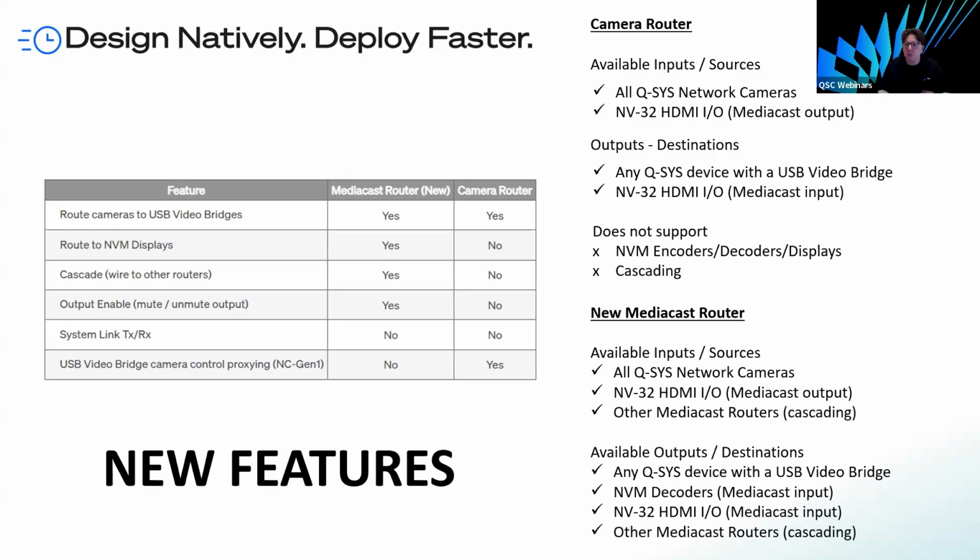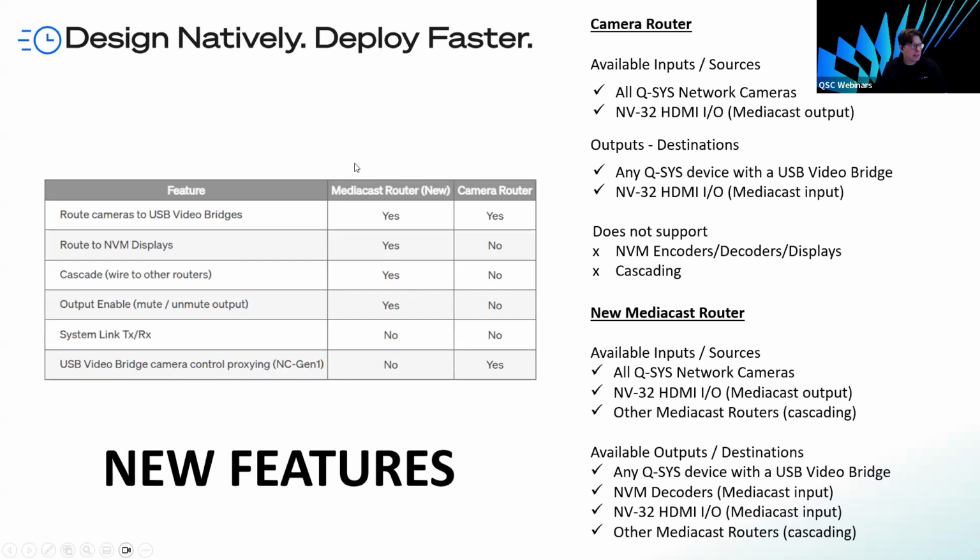And some of those camera controls and camera pass-throughs are not capable yet, but stay tuned. I think that, like I said, a lot of these features are going to be rolled out, especially when the development on the AV bridging for the NVM boxes becomes available.